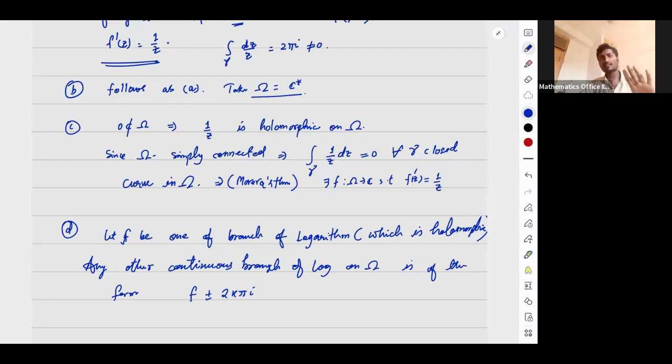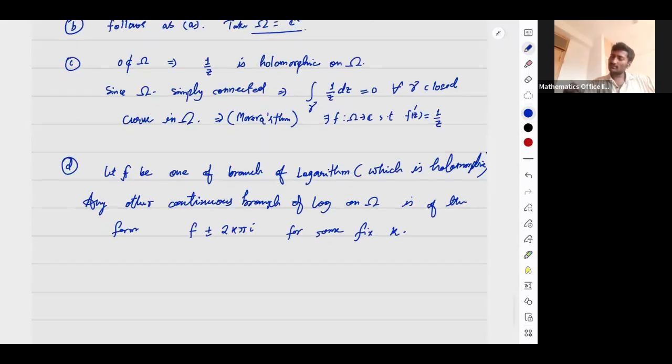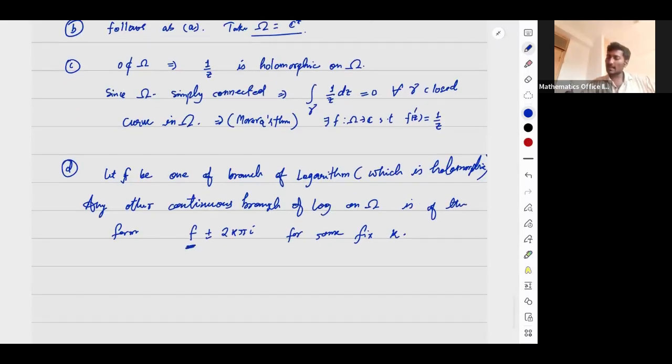For some fixed k. So what this means, f is holomorphic and this is a constant function. Add or subtract doesn't matter. A constant function is also holomorphic. So f plus some constant, the other functions are also holomorphic.